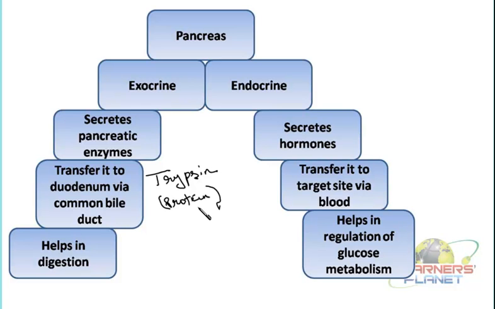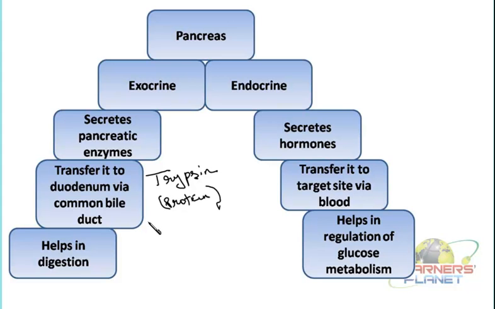And even if protein is not digested completely, the remaining part of protein would be digested further in the duodenum by the enzyme trypsin. So trypsin is one of the secretions of the pancreas. The pancreas secretes a juice containing this trypsin enzyme.